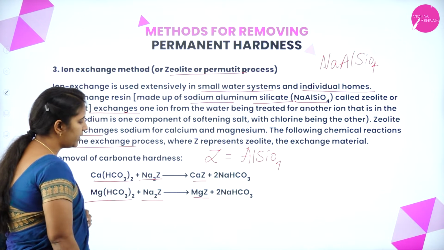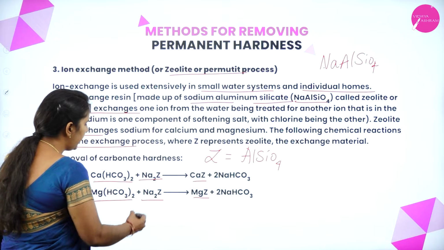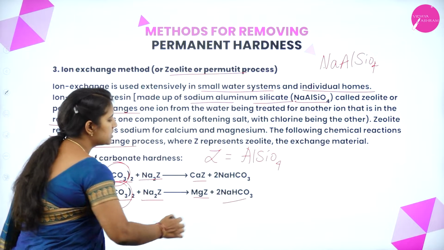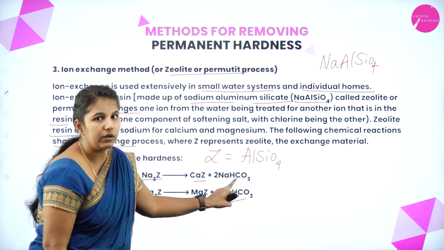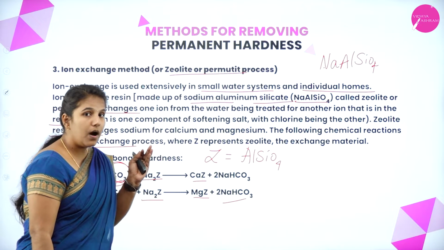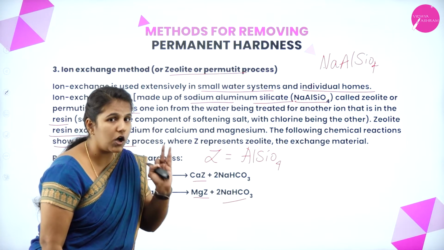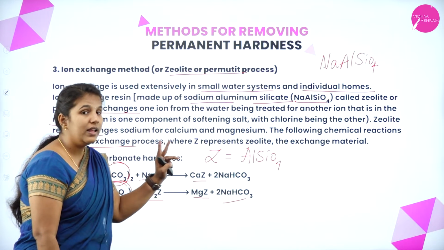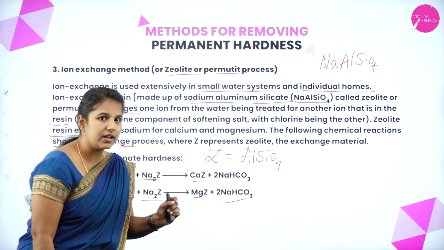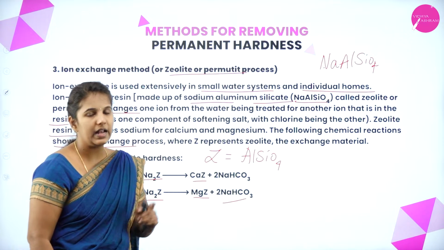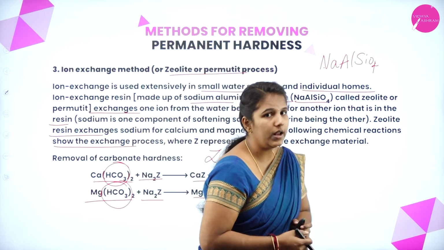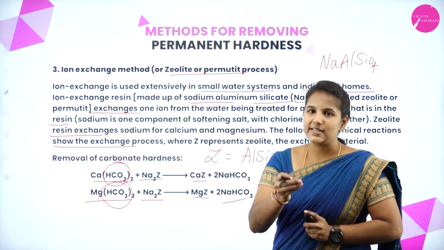Similarly, magnesium zeolite will be formed, and the remaining sodium combines with the bicarbonate and forms sodium bicarbonate. This is how the hardness of the water, which is caused by calcium and magnesium ions, is easily removed, as the ions get exchanged in an ion exchange resin by using zeolite. Hence this process is known as the permutit process, or zeolite process, or ion exchange process.